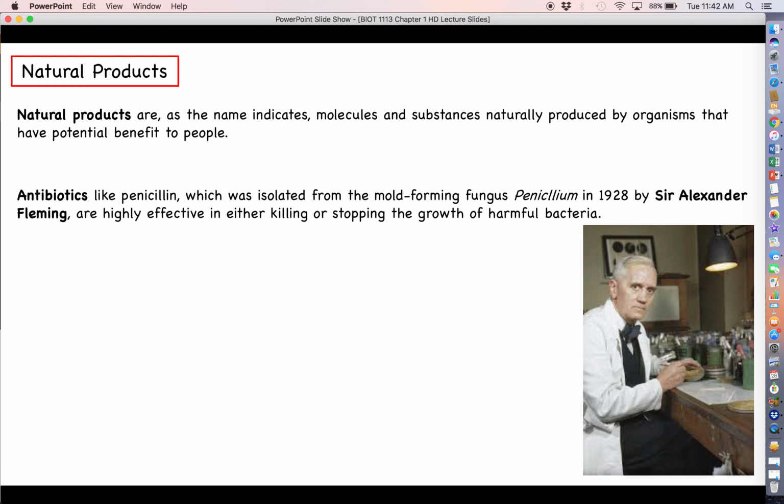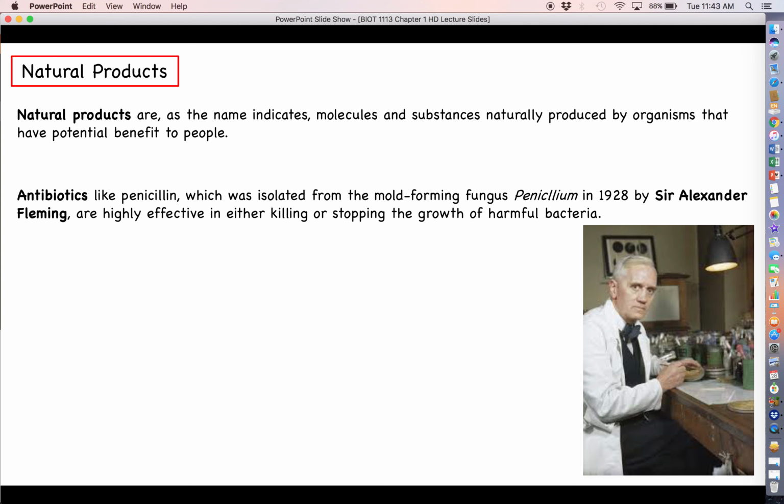What he noticed is that any bacteria in the vicinity of these mold-forming fungi were basically killed off, whereas bacteria much further away from the fungi managed to survive. Based on that observation, he hypothesized that the fungi are producing some kind of substance that kills off the bacteria, and of course, as the story goes, that substance ended up being penicillin.